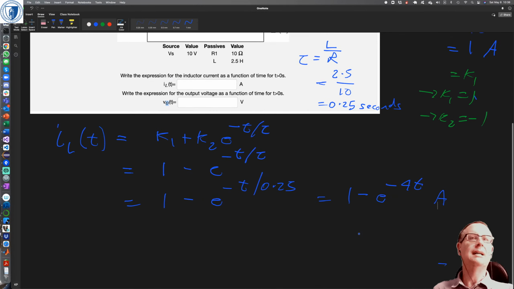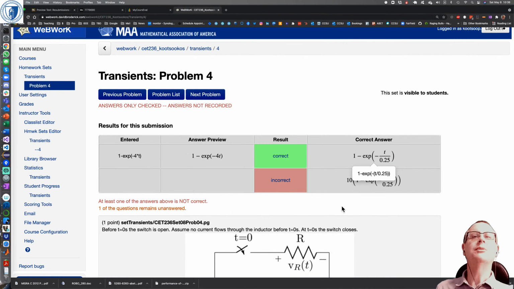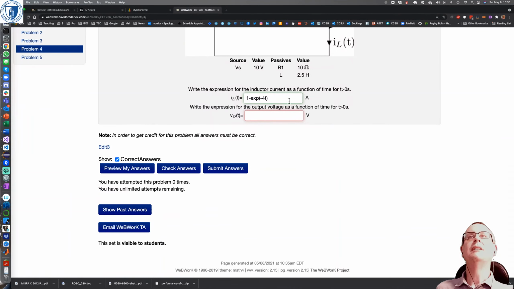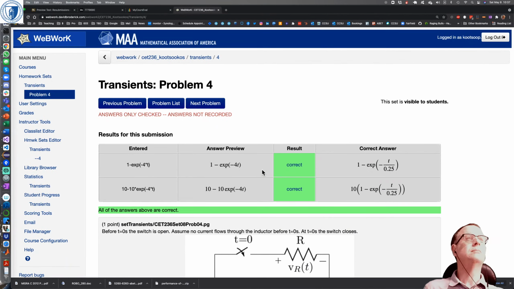I'm assuming V out equals VR, so it's just going to be 10 minus 10 e to the minus 4t. And now we're in volts. I think that's what it has. Yeah, that's what it has. So I can just take my answer from the previous one and put a 10 and a 10 there, and I can check my answers. And we're all good. Okay, so that was question 4.